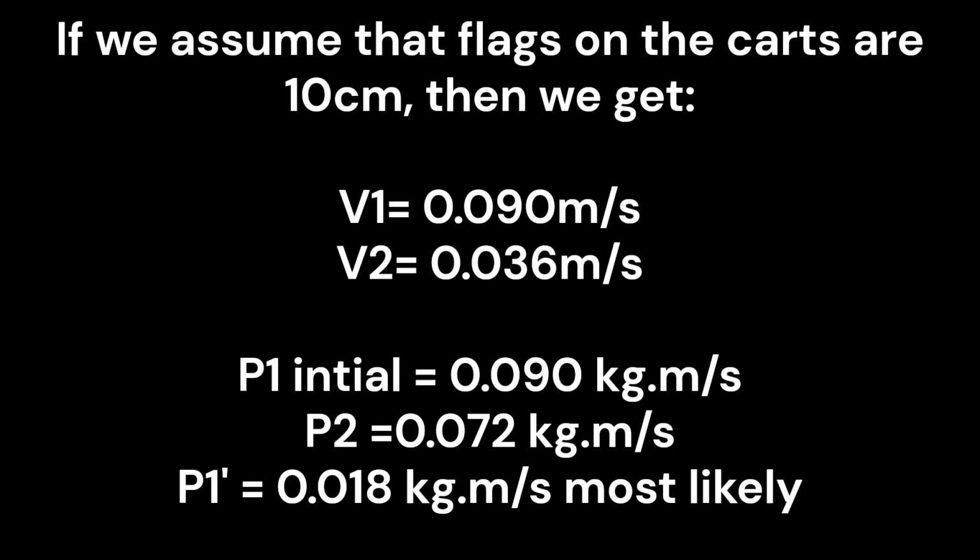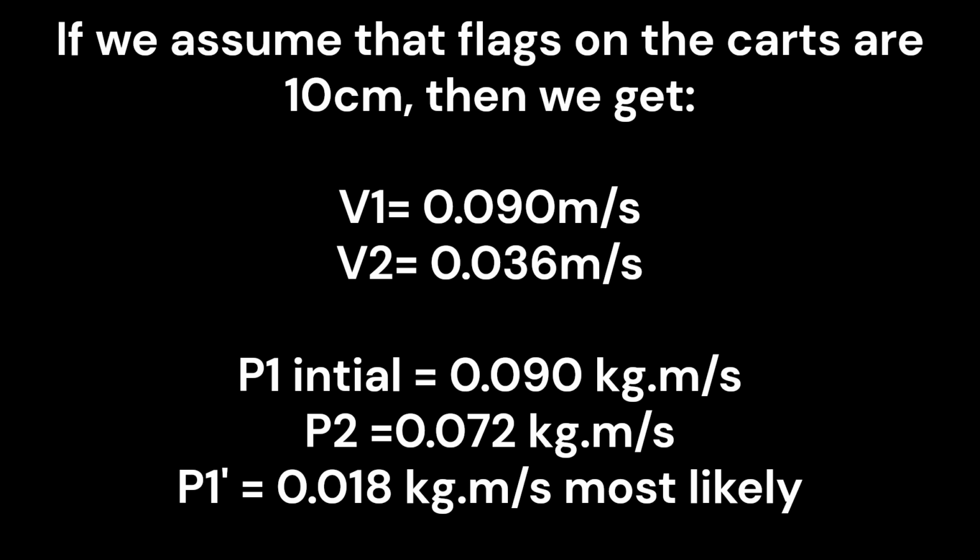Now, can we prove that? Well, unfortunately, Professor Lewin stopped cart 1, preventing it from going through the second photo gate. So we don't know the exact timing of cart 1 after collision. However, it is most likely that the momentum that we have lost, so this 0.018 difference, is possessed by cart 1 going in the same direction.